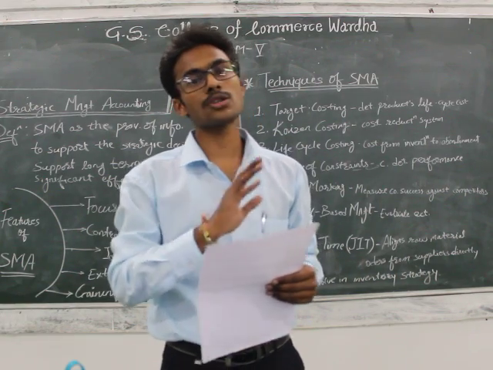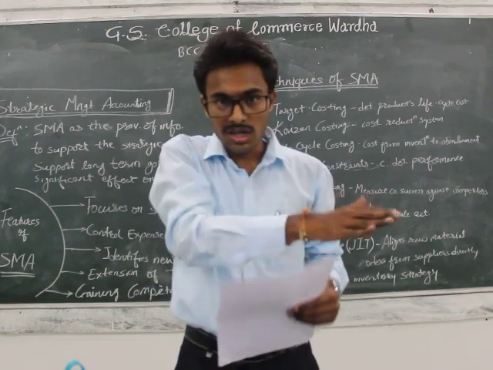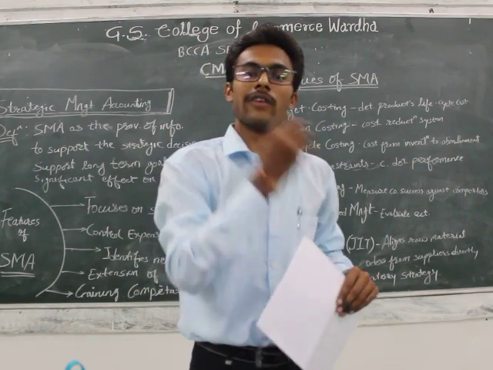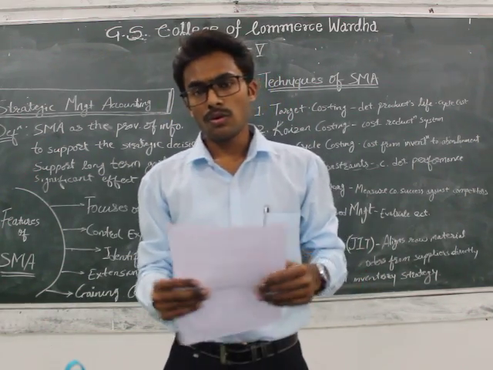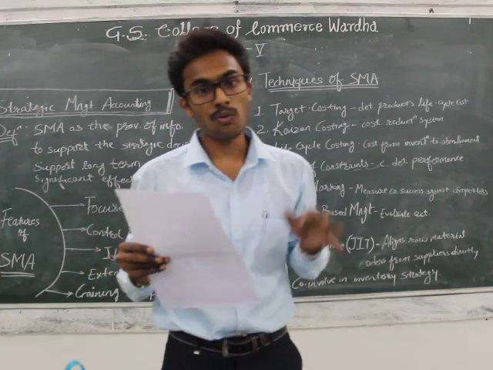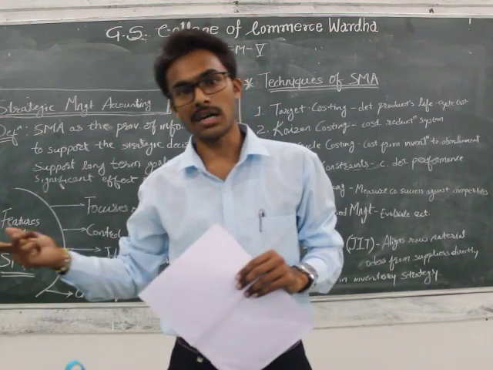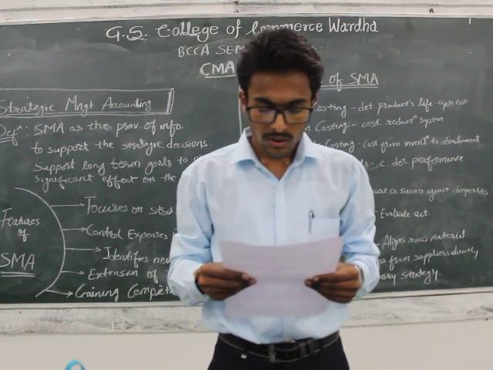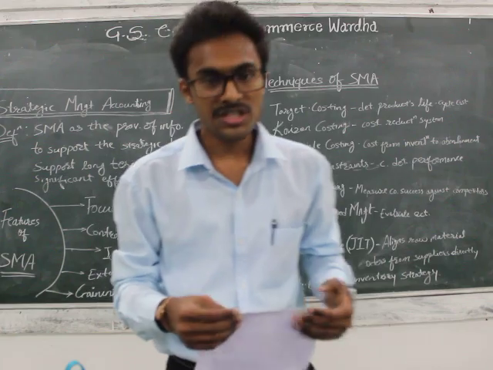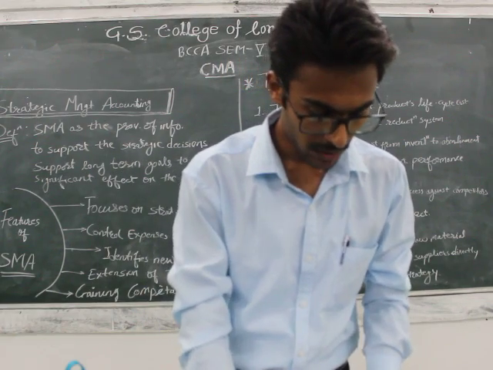We have seen what cost accounting, management accounting and financial accounting are. Now we are understanding what strategic management accounting is, which is a part of management accounting, right? So let's start.